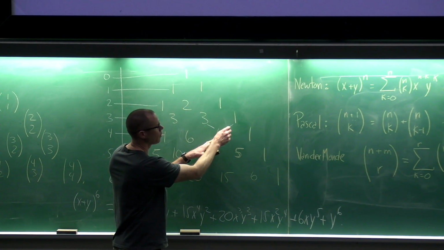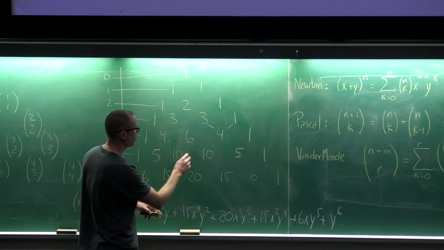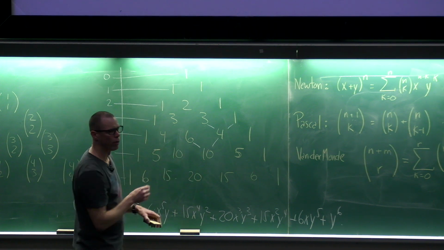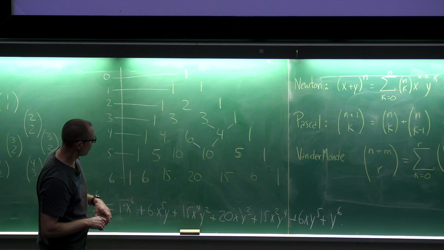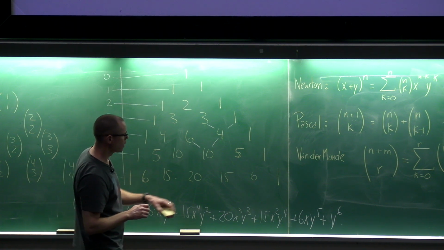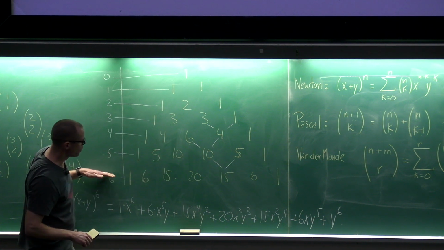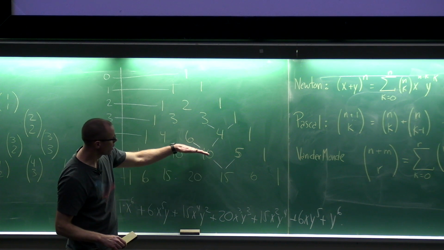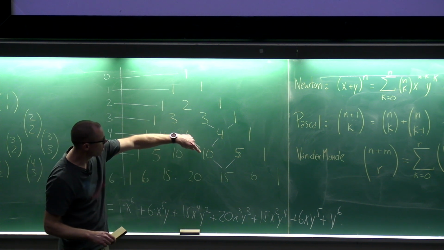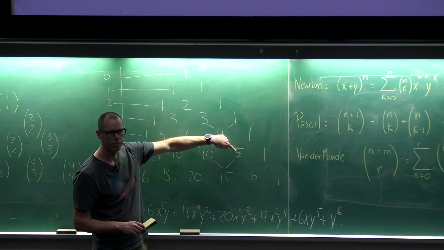It's 3 plus 1. Where did this number 10 come from? It's 6 plus 4. All right. Where did this 15 come from? It's 10 plus 5. This is row n plus 1. This is row n. There's the k minus 1th entry, and there's the kth entry.